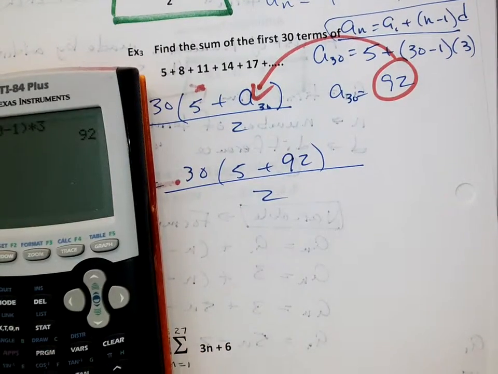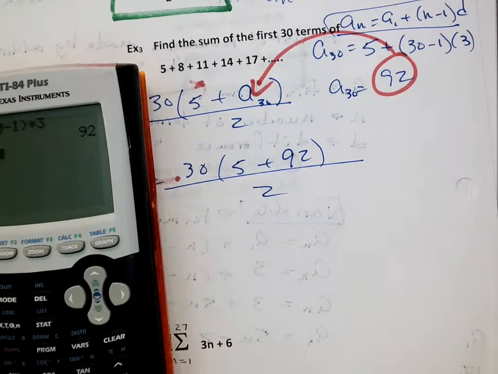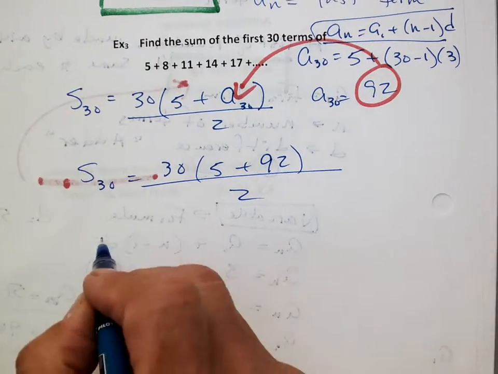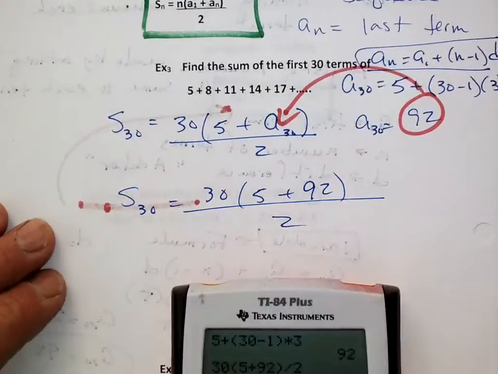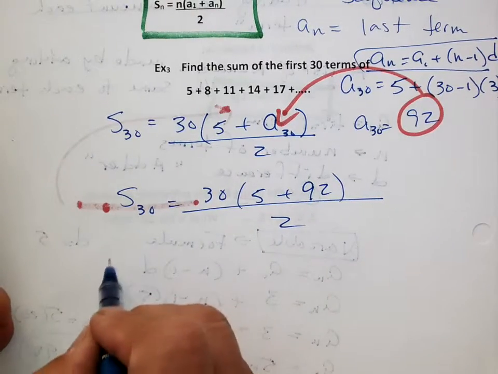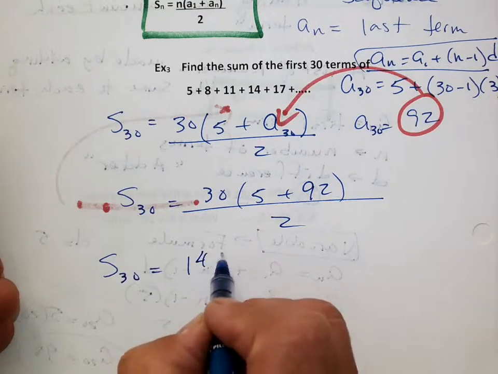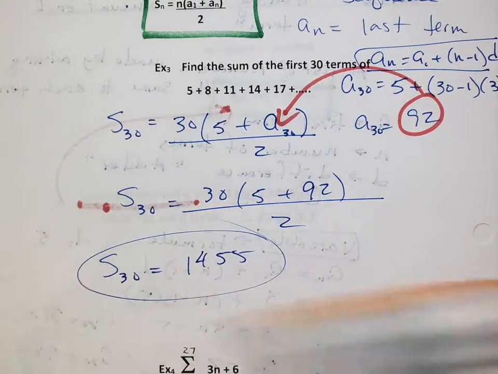Ooh, you're way ahead of me. I like that. 30 parentheses 5 plus 92 divided by 2. I get an answer of 1,455. That's what I got. So S of 30 is 1,455.